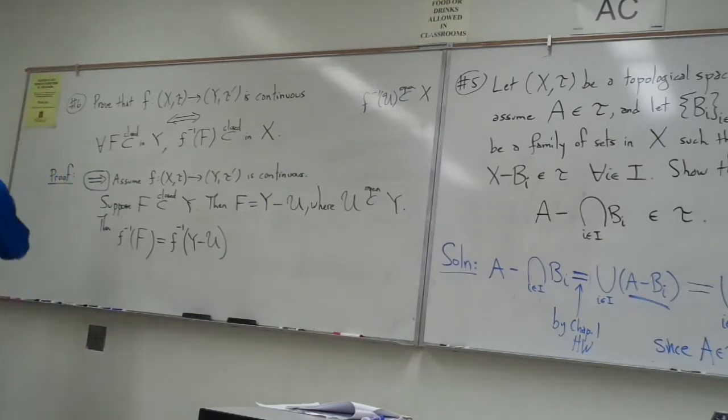We can draw a picture if it will help you. Here's X, here's Y, U is right here. Obviously the pre-image of U, we don't care about that. We're looking at the pre-image of Y minus U. We care about this part right here. This is Y minus U right there.